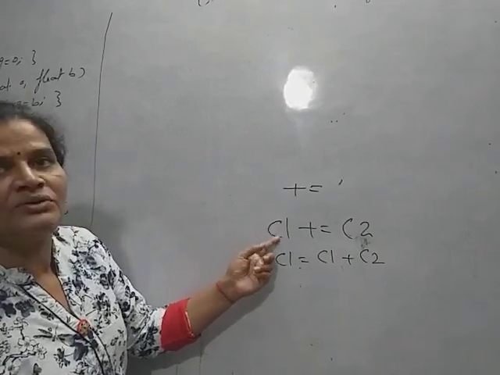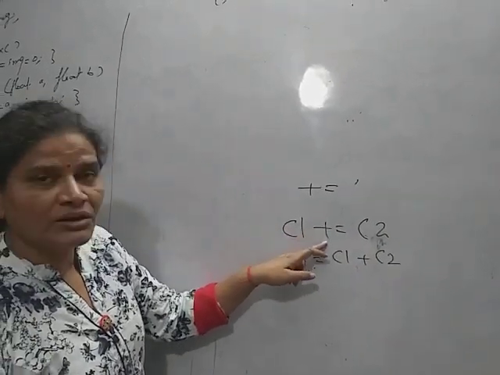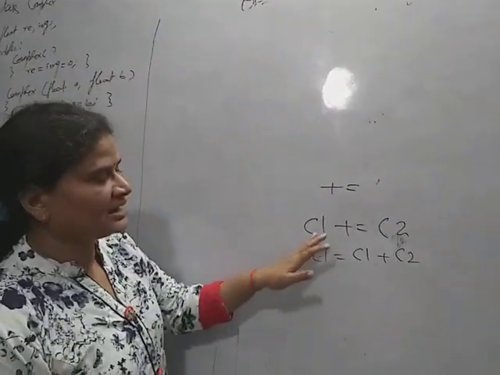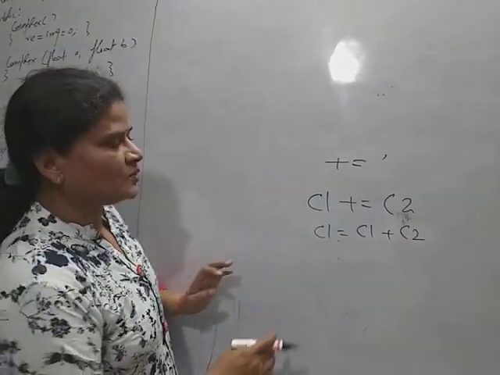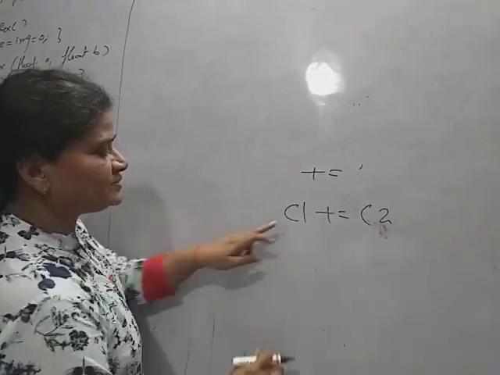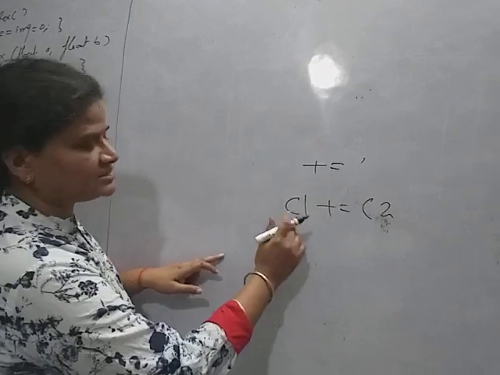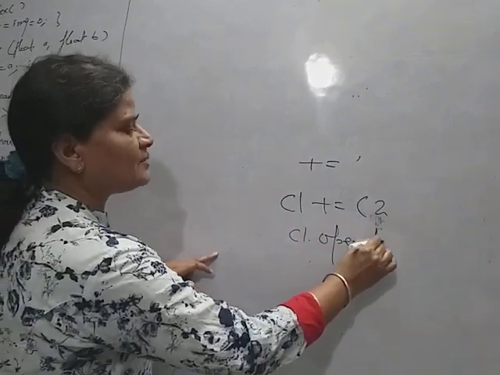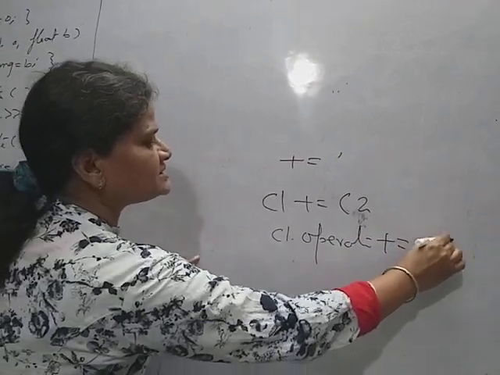So we have to overload this plus equal to operator in the class complex. So how is this function called? C1 dot operator plus equal to C2.